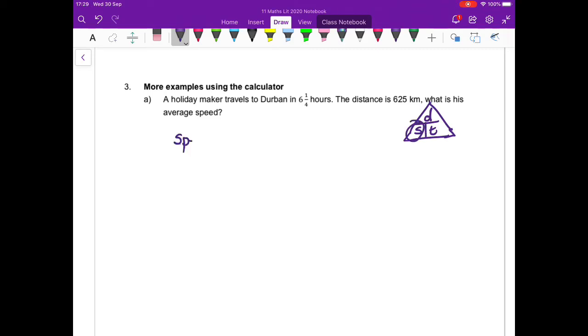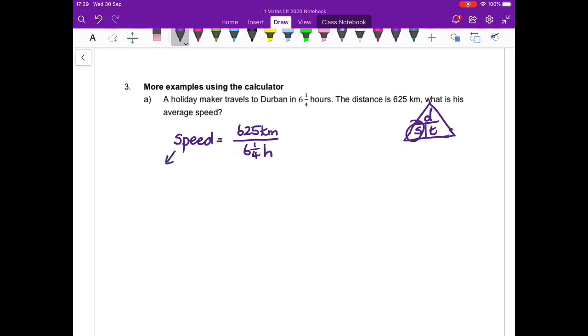So my speed equals distance, and my distance is 625 kilometers, and my time is 6¼ hours. Please always set out your sum before you take out your calculator.